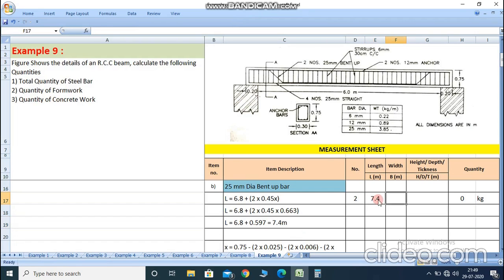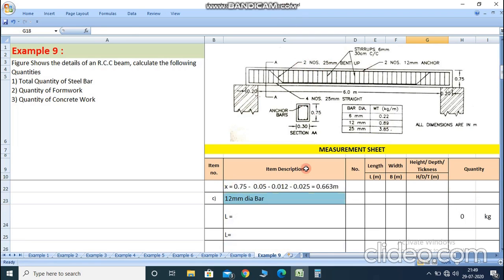At the rate per meter length, weight is given for a 25 mm dia bar. Weight per meter length is given as 3.85 kg. So right here 3.85. So the total quantity we find is 56.98 kg for two numbers of 25 mm dia bent up bar.